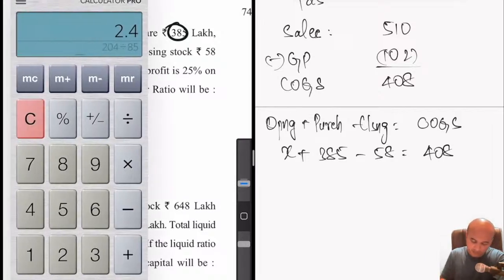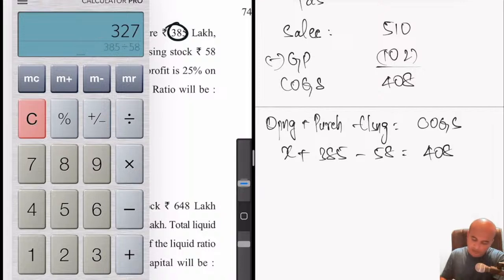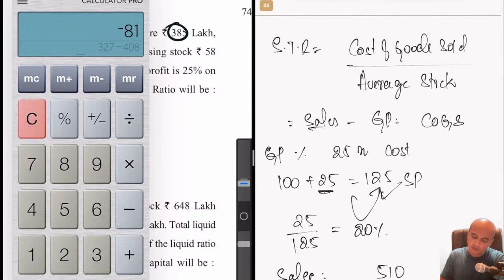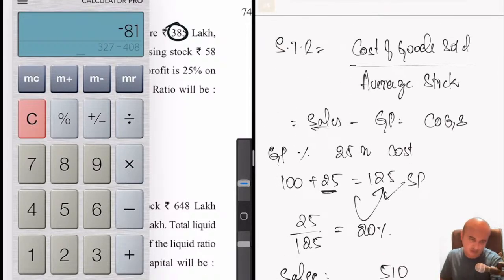So 385 minus 58 will be 327. X will be 408 minus 327, which will be 81. So what is 81? X, or in other words, opening stock. Now go back to the original formula. Cost of goods sold by average stock is stock turnover ratio.